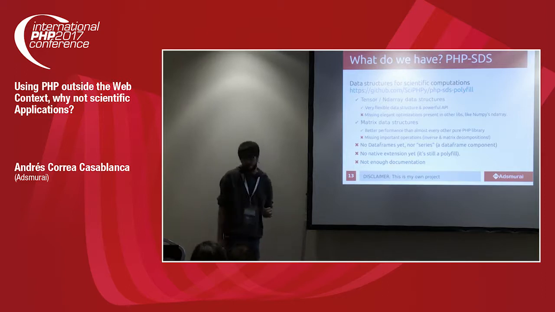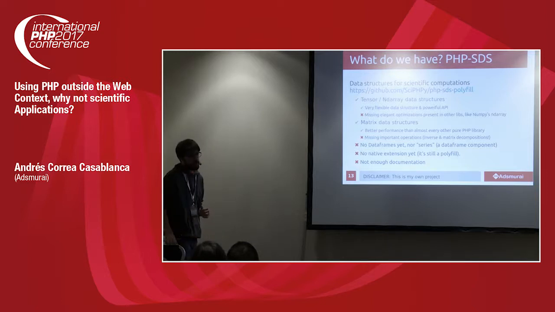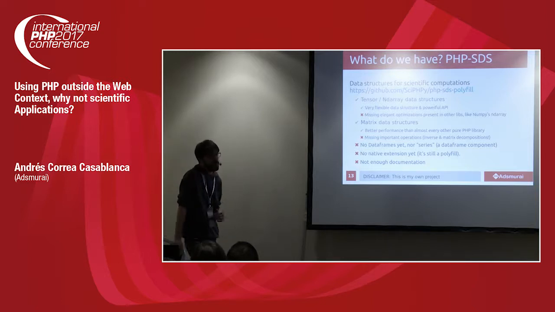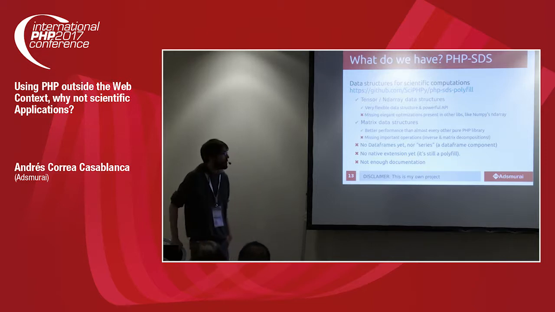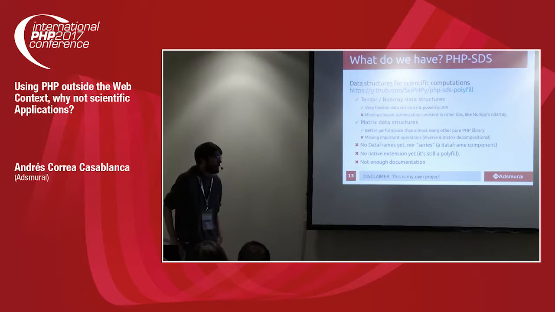About the matrix, I was reviewing all the matrix implementations available in Packagist. All of them, without exception, are using naive algorithms, which are very, very slow, a pretty bad choice. My implementation is far faster than the other matrix implementations, and I didn't even use smart algorithms.